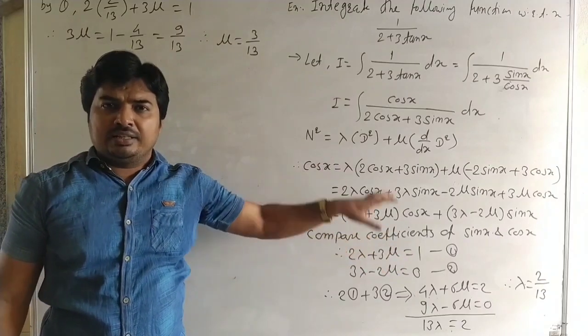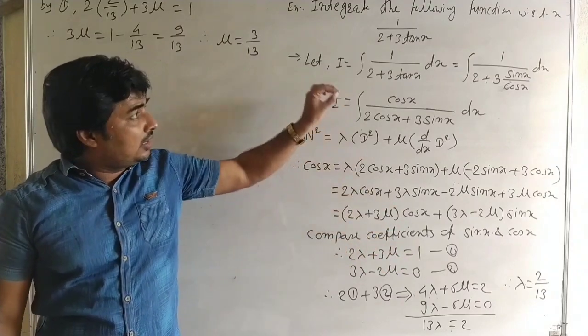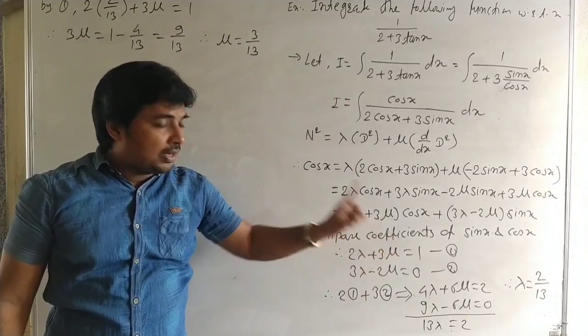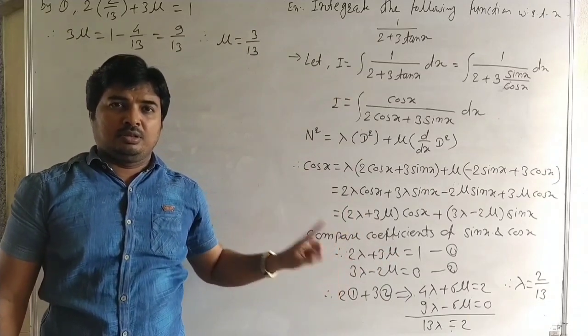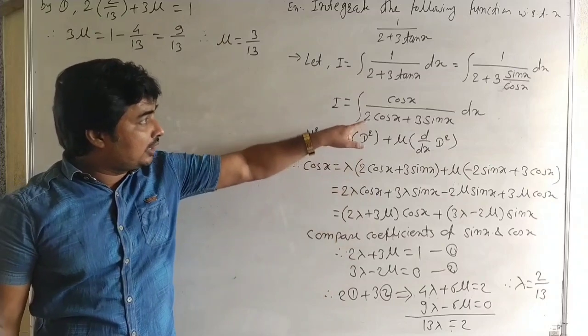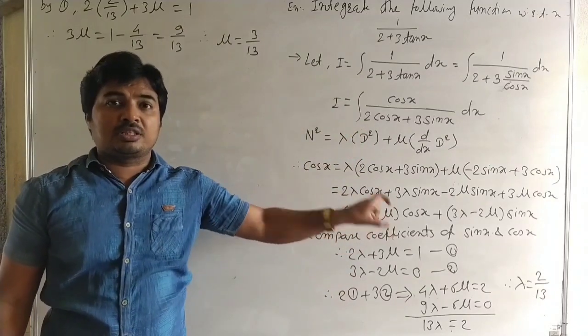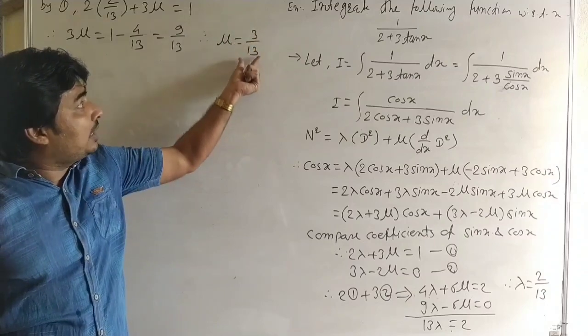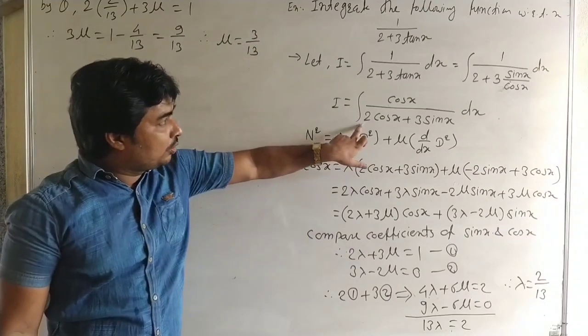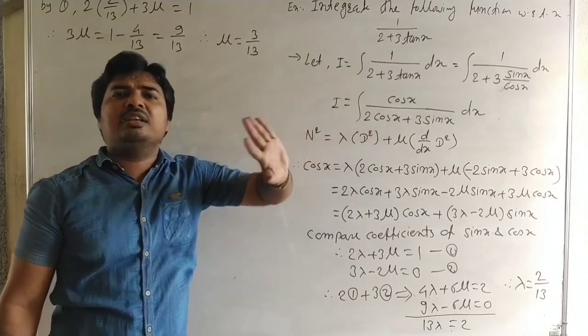Then we can directly write the answer: lambda into x plus mu into log of the denominator. That means the answer is 2 by 13 x plus 3 by 13 into log of 2 cos x plus 3 sin x. It is the final answer.